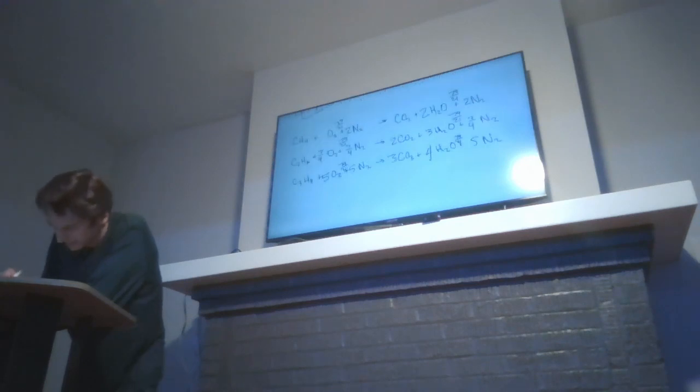We have 4 oxygen, 6 oxygen. No, sorry, 6 plus 4. So we have 10, so we need 5. There we go. And then 5, 5. Then we need the same 9 over 21. Same 9 over 21. And that will be our stoichiometric equations there.